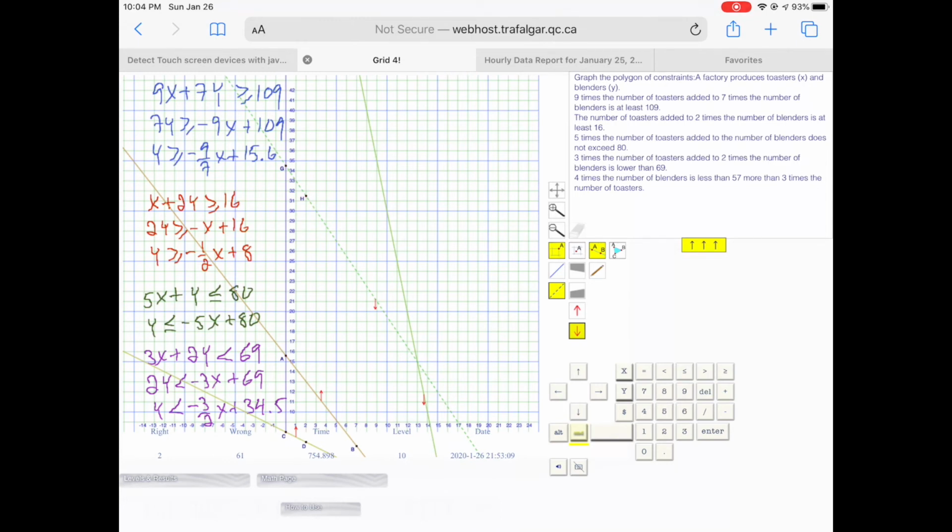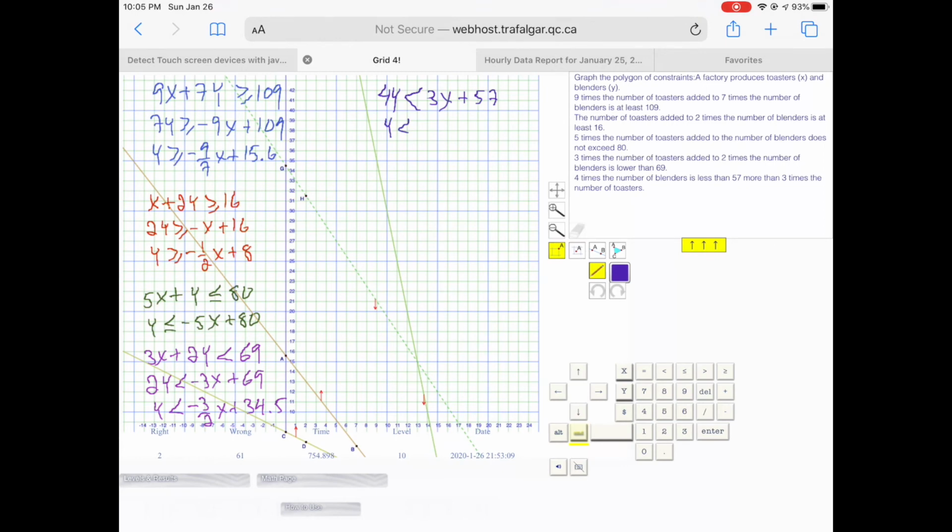4 times the number of blenders is less than 57 more than 3 times the number of toasters. That's 4y is less than 57 more than what? Put the what first. 3 times the number of toasters. 3x plus 57. I want to get rid of that 4, so I'm going to divide everything by 4.